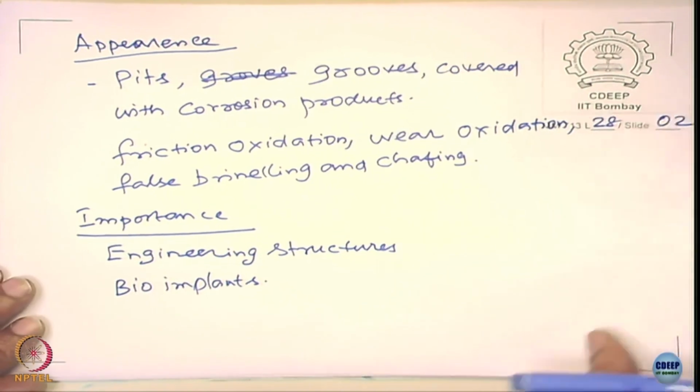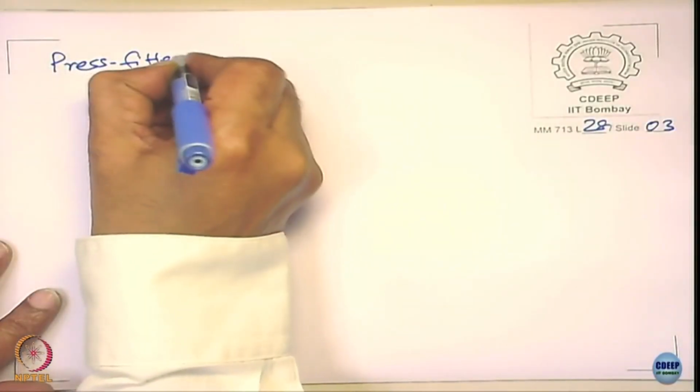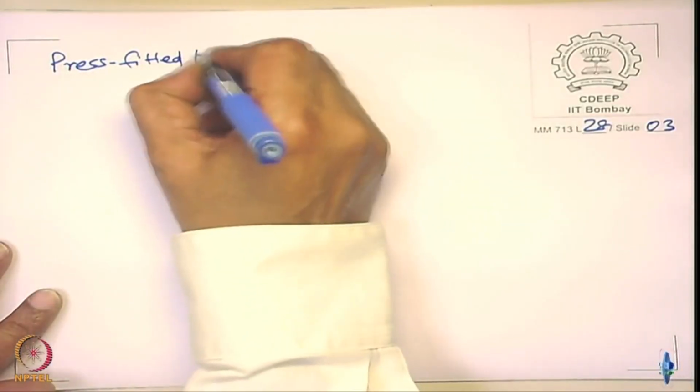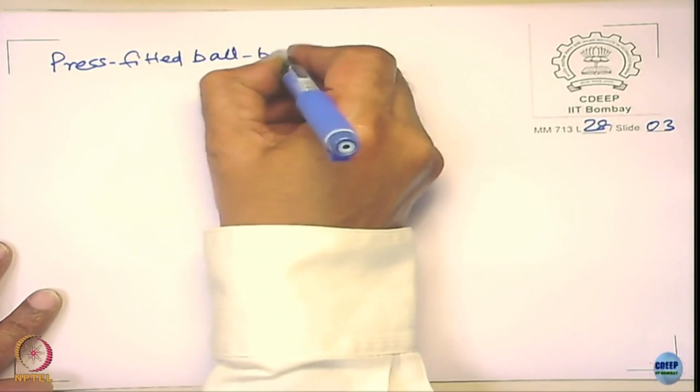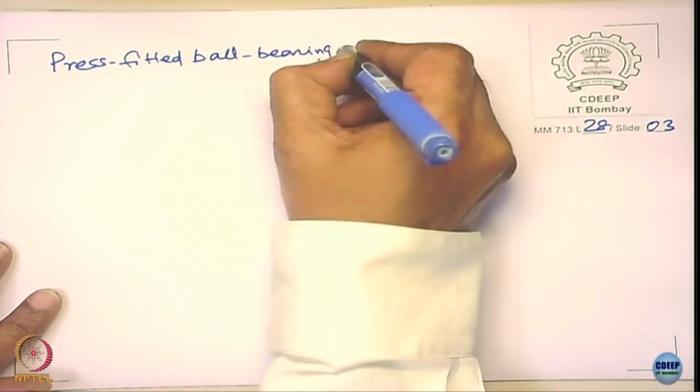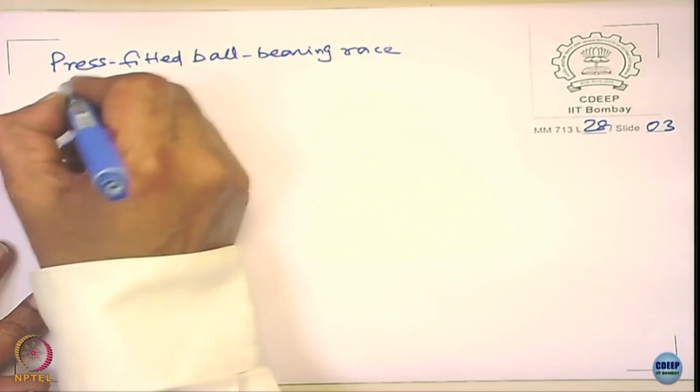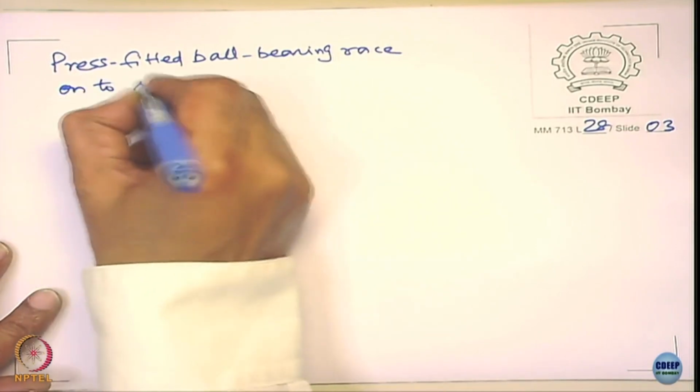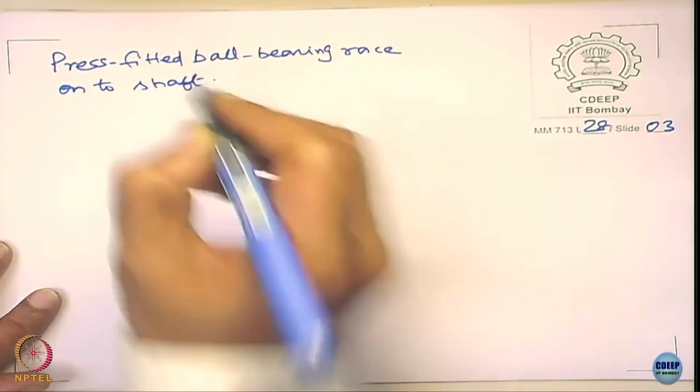Okay, one of the classic cases of defining the fretting damage is a press fitted ball bearing race onto a shaft, right.